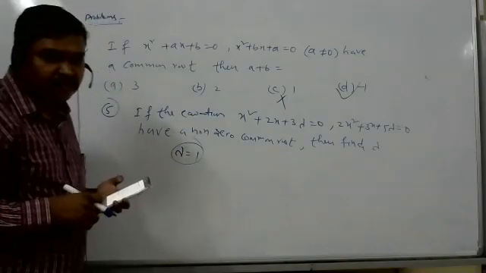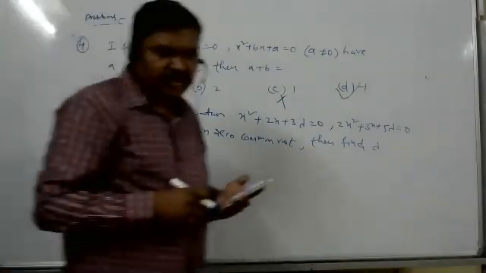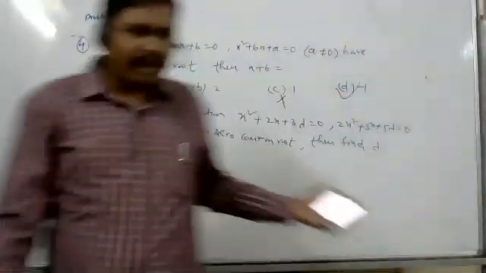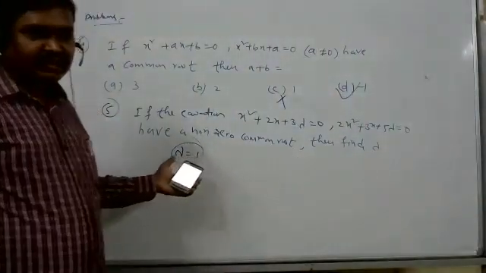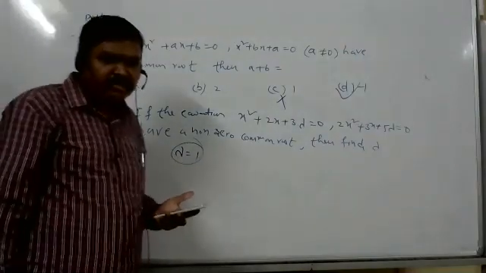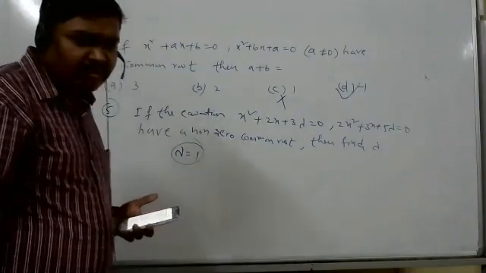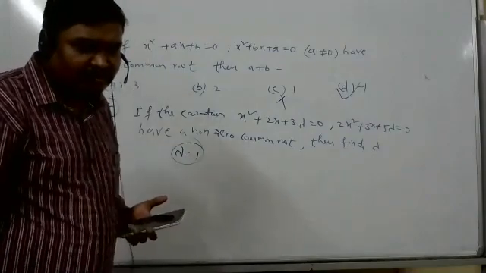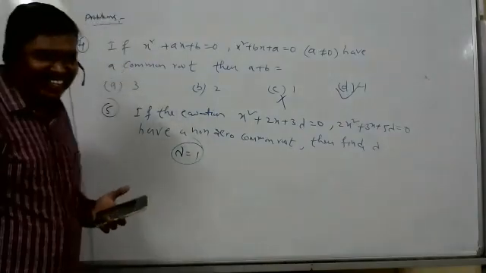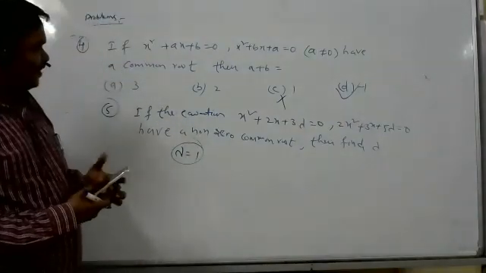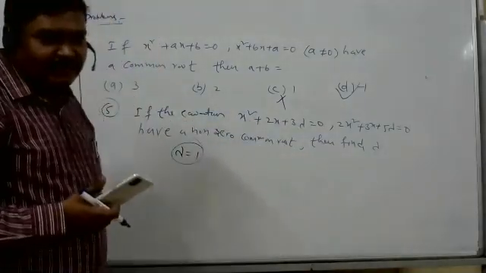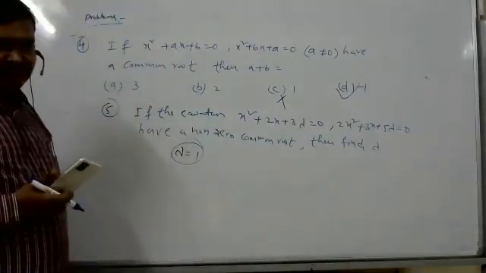Sir, is there any other method? That is the direct formula method. That is lengthy. Sir, we can't remember all the formulas at that time. Any other method? Two equations solving. Sir, that's the only method.